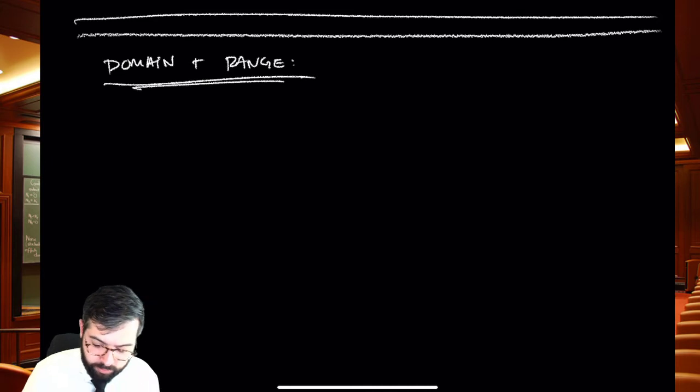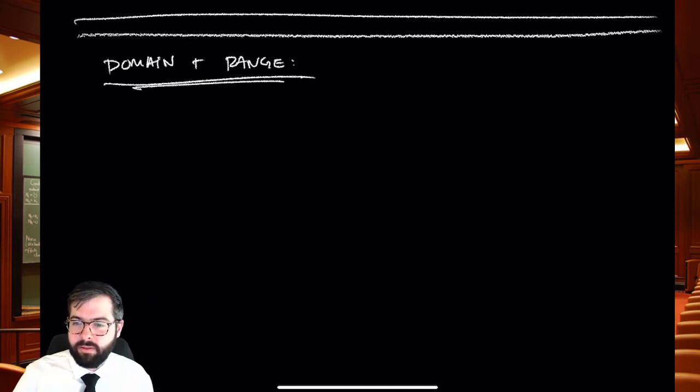So I said we'd get to the domain and range. These are things we need to understand and be comfortable with, these new flavors of functions, or this new perspective on functions. So domain and range, let's maybe just start with an example.